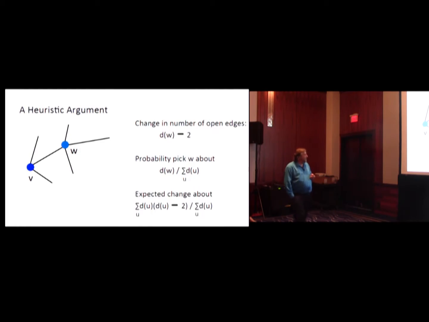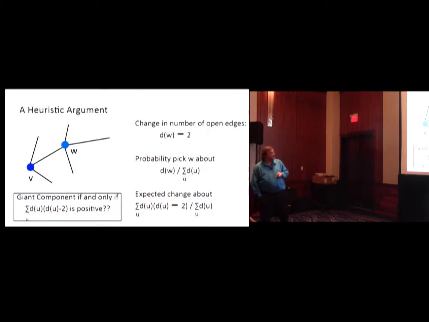So our expected change in the number of open edges is going to be the sum over all U of the probability we pick U times the change if we pick U, which is this. So forgetting about the normalizing denominator, you might think that what determines whether or not you have a giant component is whether or not this sum is positive.